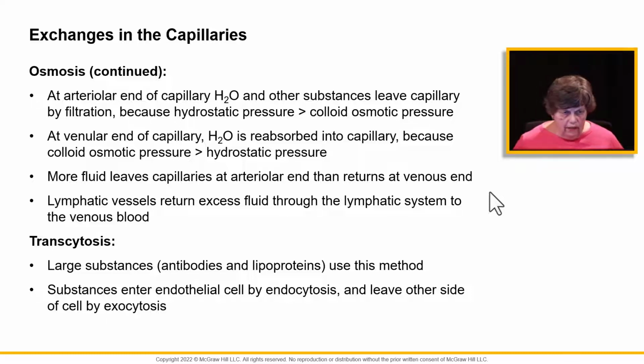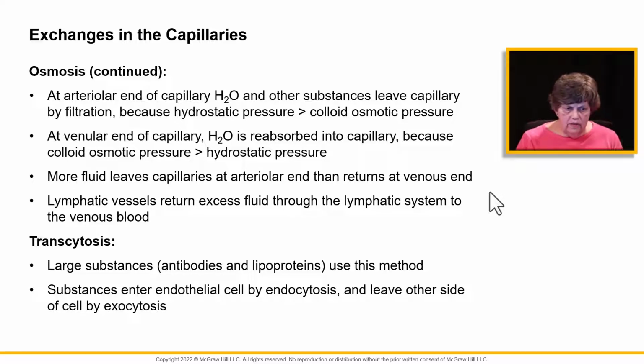We haven't talked about the lymph system, but the lymphatic system will return excess fluid through the lymphatic vessels to the venous system. And then we have transcytosis, which is where we're moving large substances, lipoproteins, antibodies, that sort of thing. And that's done by a process called endocytosis.